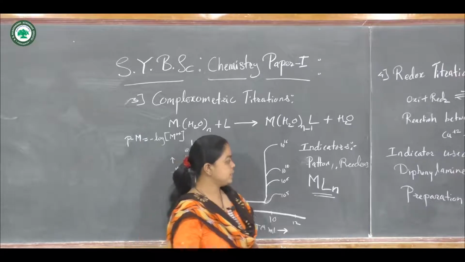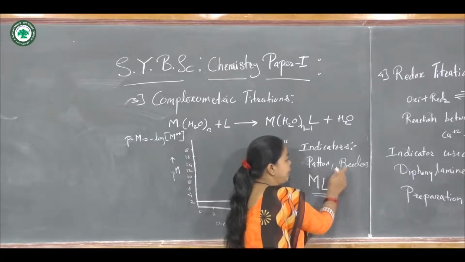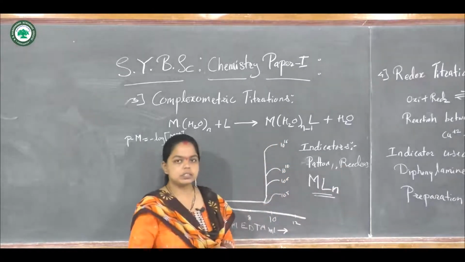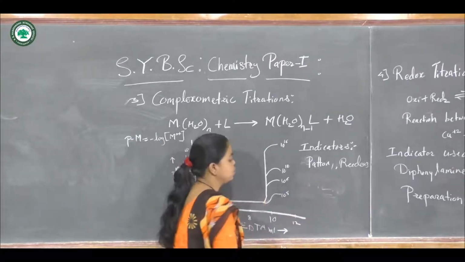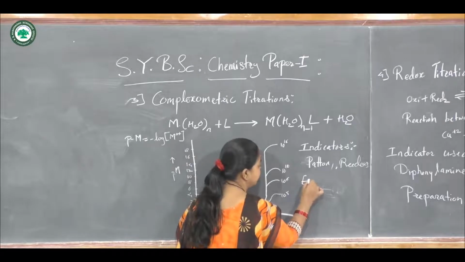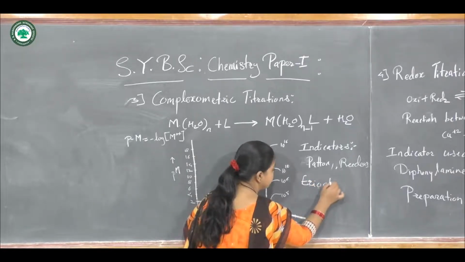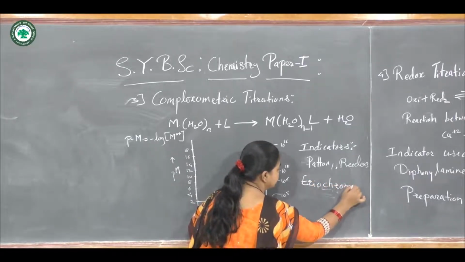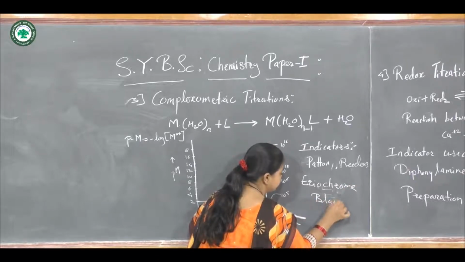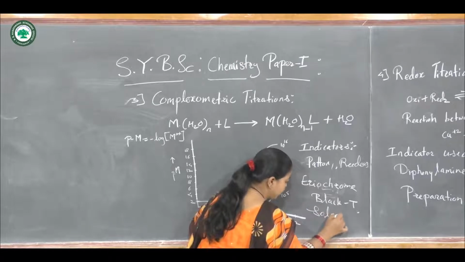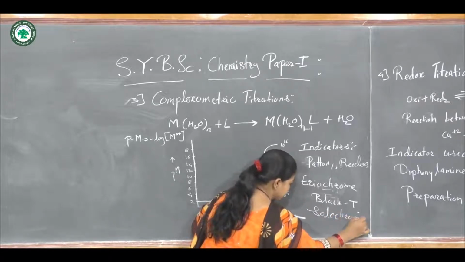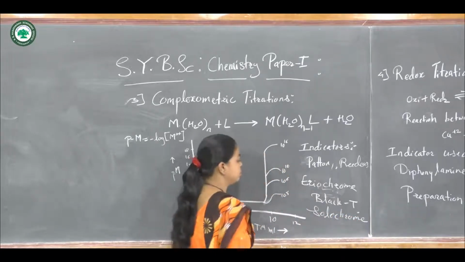But in this case we are using an indicator like Patton and Reeder. Along with this we can also use another indicator, Eriochrome Black T, and another is Solochrome Black T.